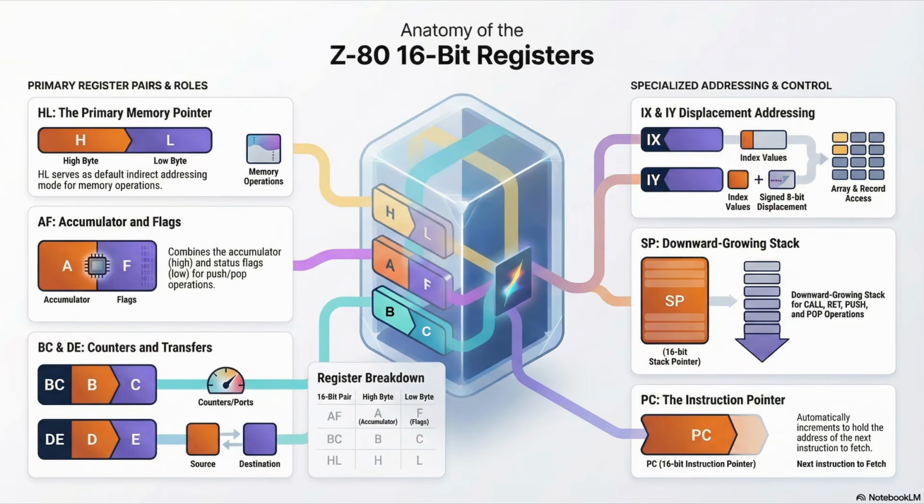The Z80 introduced the IX and IY registers as 16-bit index registers, each split into high and low halves. These registers enable displacement addressing. Internally, the CPU adds the signed 8-bit displacement to the 16-bit index value, then performs the memory read or write.